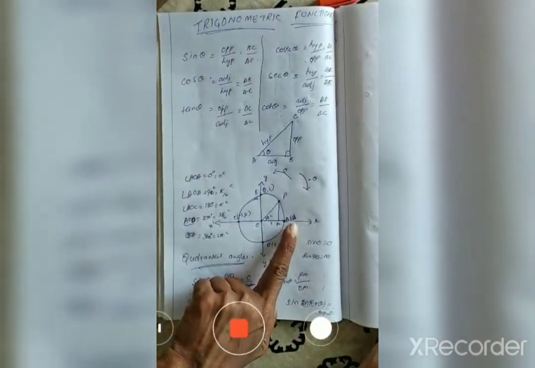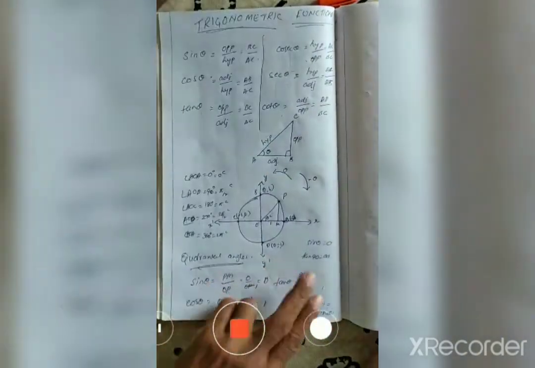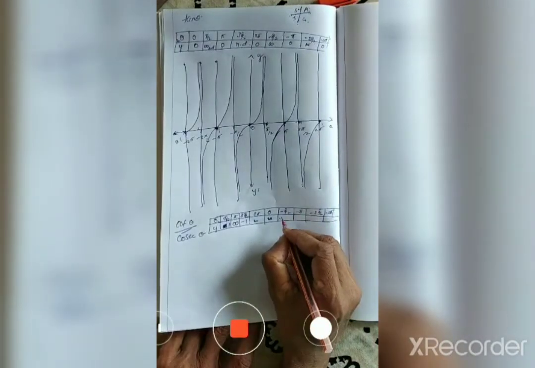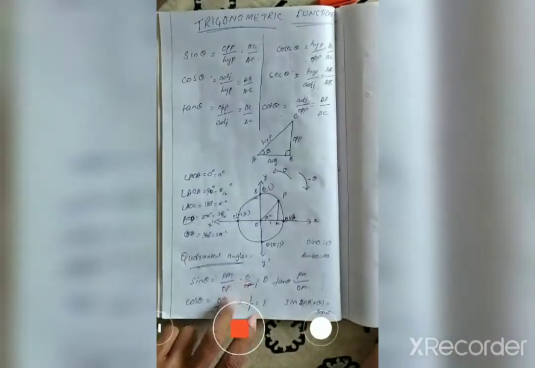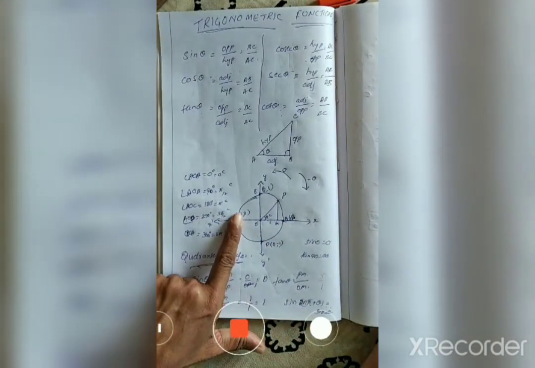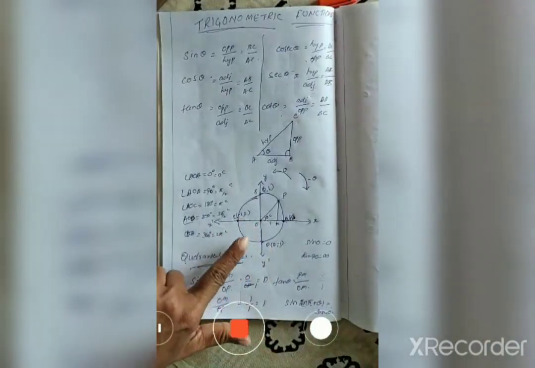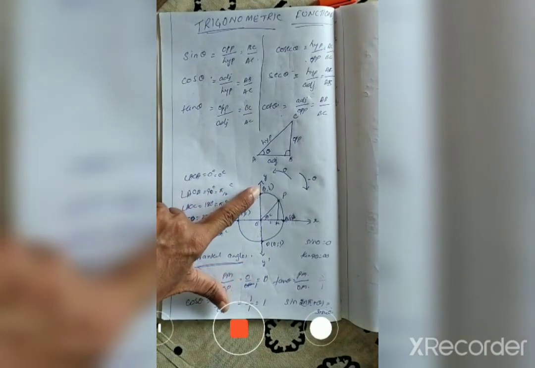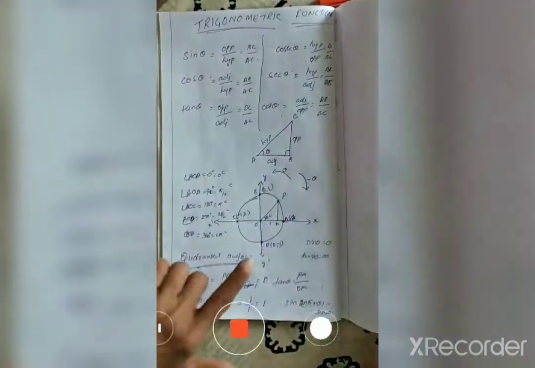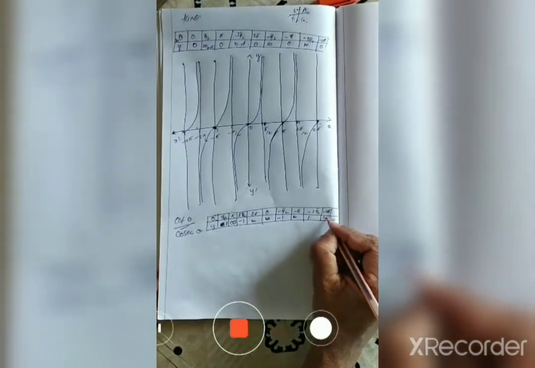Cosecant 2 pi, again 1 by 0, not defined. Negative side, cosecant minus pi by 2 is 1 by minus 1, minus 1. Cosecant minus pi is 1 by 0, not defined. Cosecant minus 270 is 1 by 1, so 1. Cosecant minus 360 is 1 by 0, not defined, so infinity.